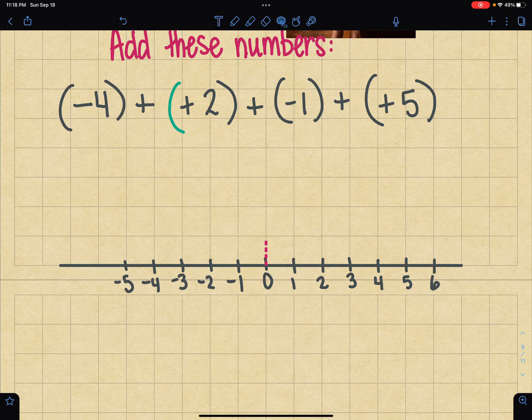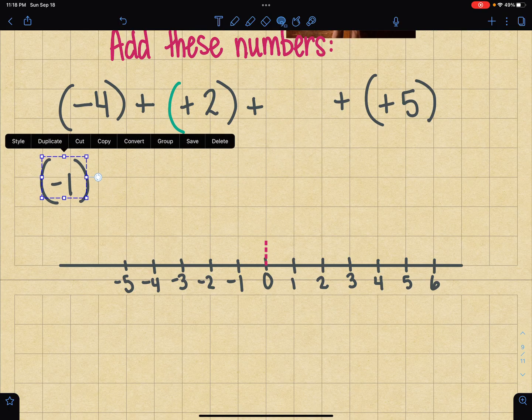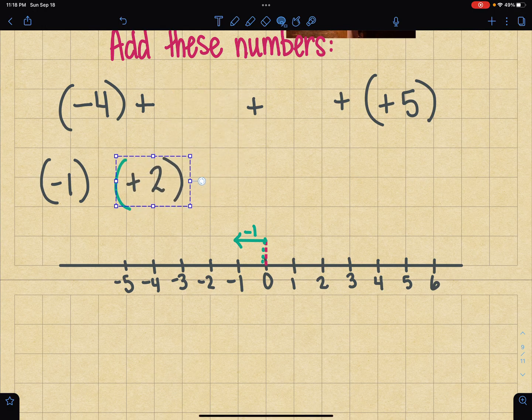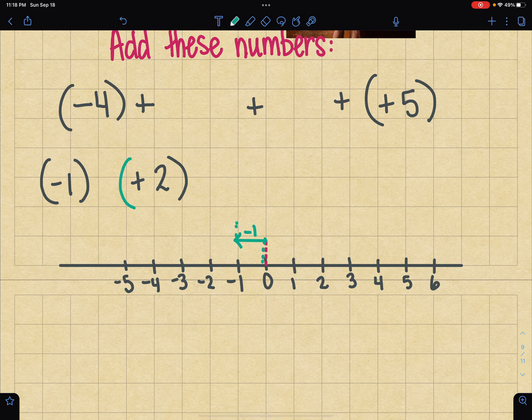We are going to start with -1. Okay, start at the origin. Boom, boom, boom. Let's go -1. Boom, -1. And then the next thing we're going to add is that +2. Okay, let's go up from there and go 2 spaces over. 1, 2. There's your +2.